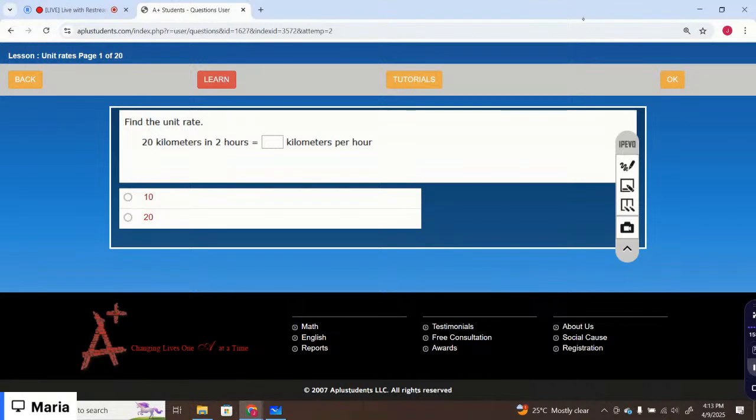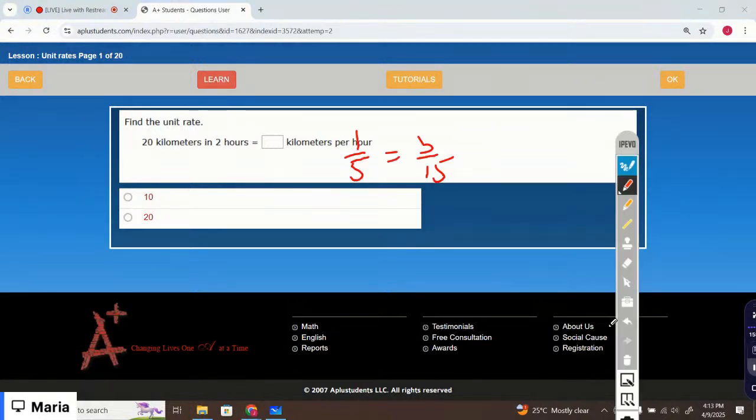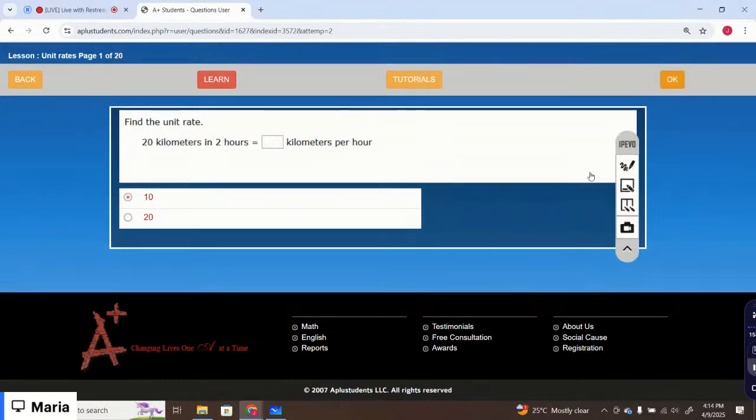You need to find how many kilometers per hour. So you have to divide 20 by 2. So 20 divided by 2 is 10. So that means 10 kilometers per hour. Option number one is the correct option.